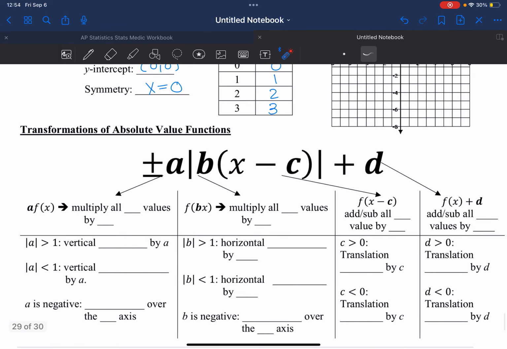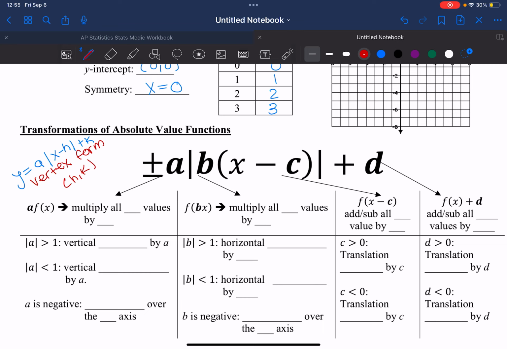Okay, so now looking at transformations, remember yesterday we talked about the vertex form of the absolute value, and that was y is equal to a absolute value of b times (x minus c) plus d. And the reason it's called the vertex form, if you remember, is because it gives us the vertex (h, k).